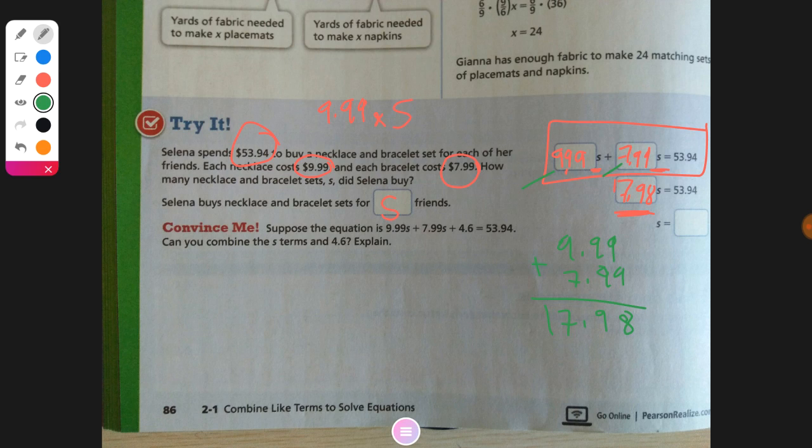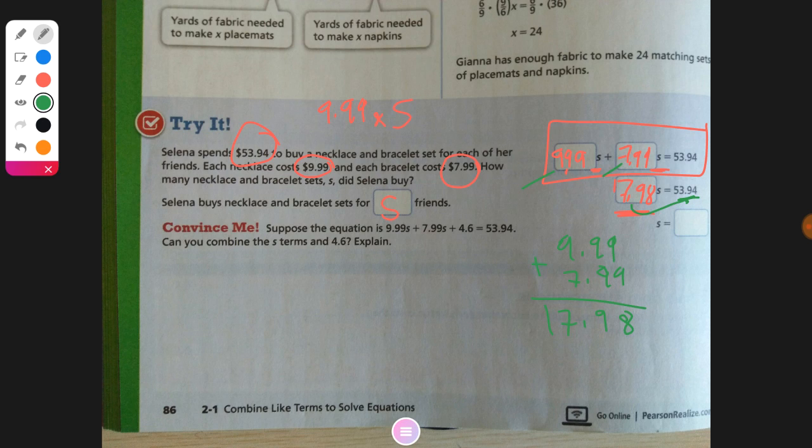So to delete the number before S, I have to divide both sides by this number. Or I can say it another way: send this number to the other side by dividing.